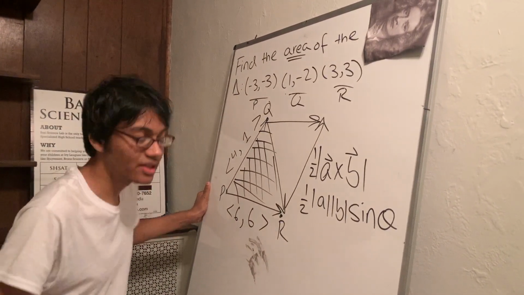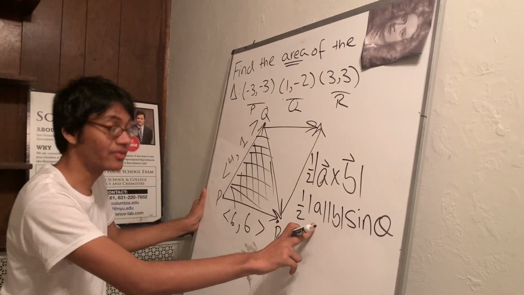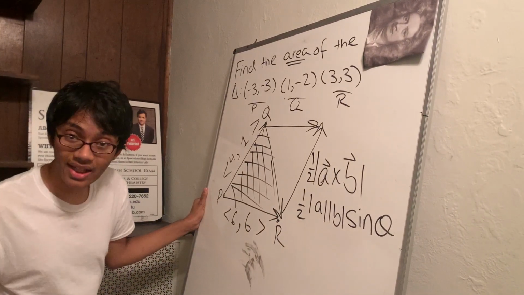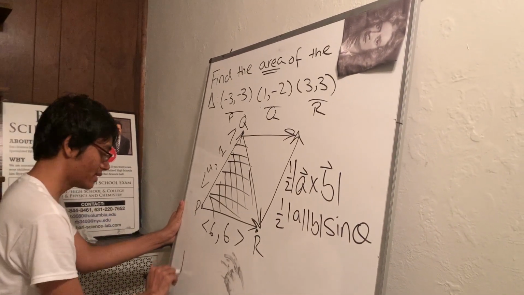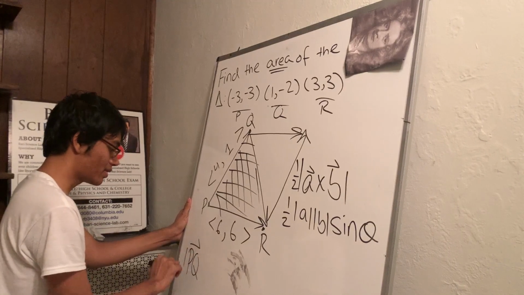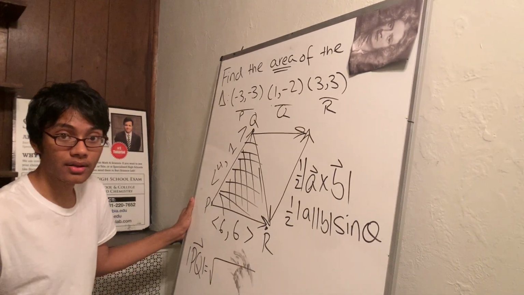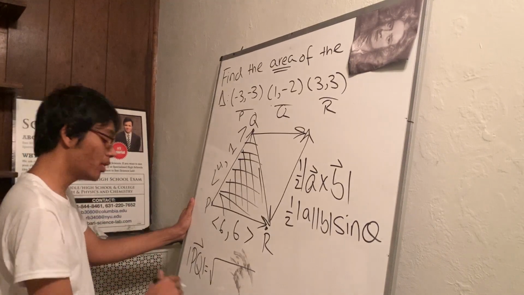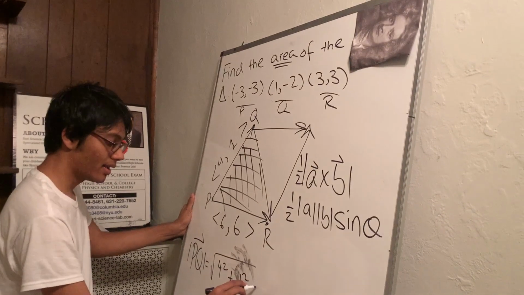We're going to take the magnitude of these 2 vectors, because look what you've got here. You've got the magnitude of the vectors. Remember, at the end of the day, you want the area. You want a scalar quantity. So let's take the magnitude of these guys. What's going to be the magnitude of my vector PQ? Well, that's simply going to be the square root of the sum of the squares of the components. So I'm going to have 4 squared plus 1 squared. And what's that going to give me?